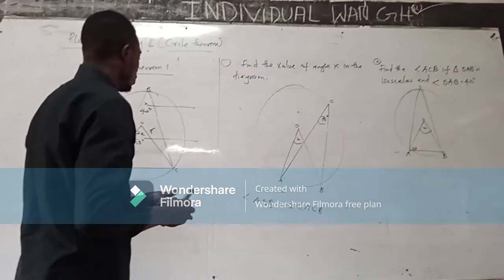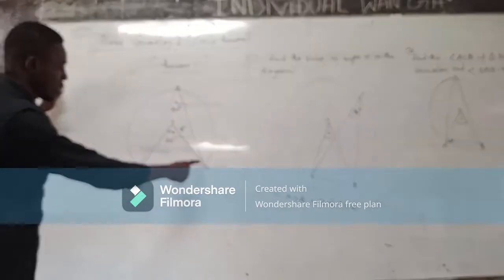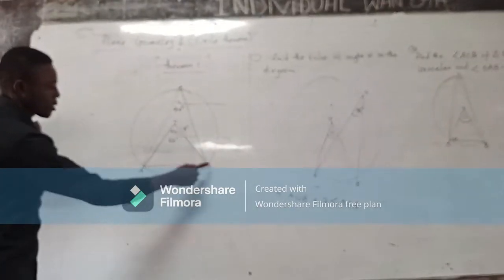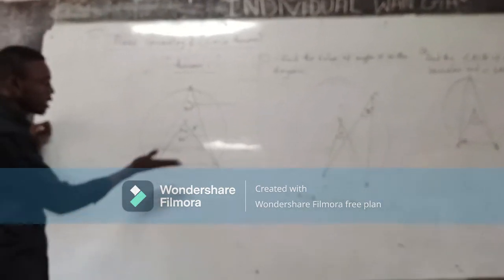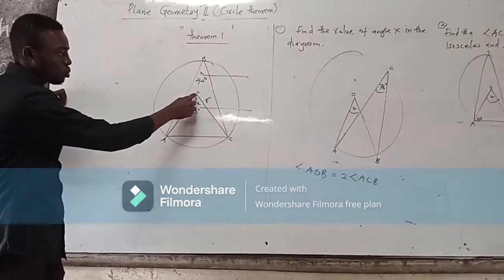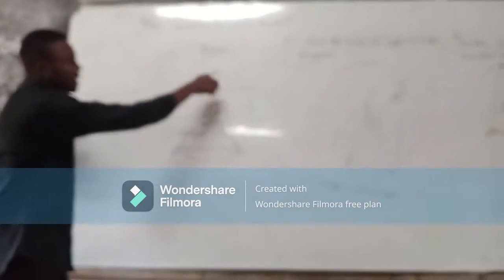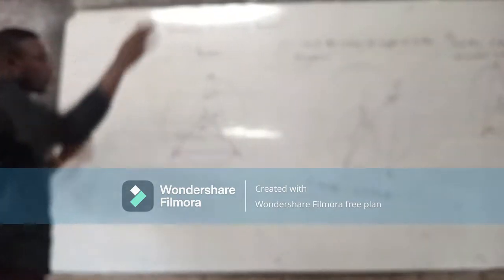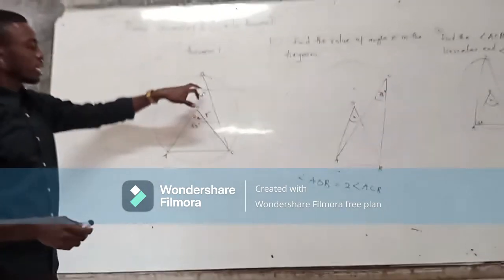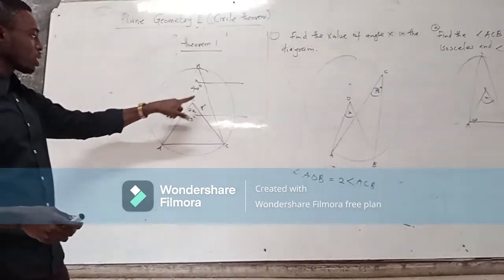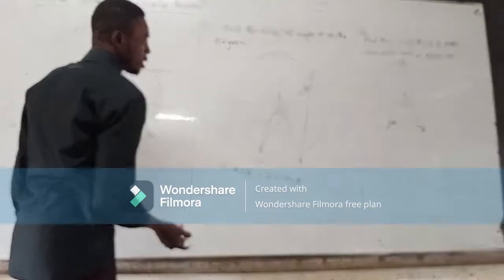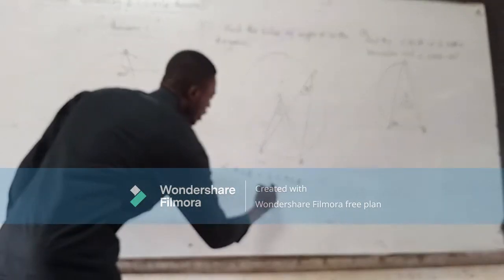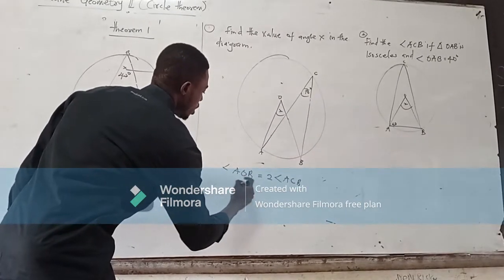I just said that once they are all standing at one place, if you are standing at some place and the thing that you are observing is closer to you, you see it to be bigger than the thing that is far away. So this one is greater than this. So twice this one is equal to this one. So if this one is 70, it means that here is going to be the angle.